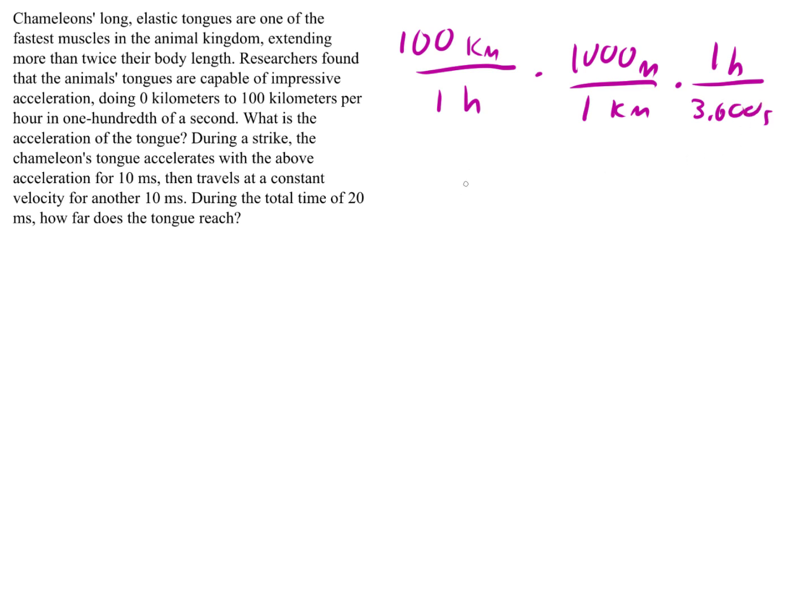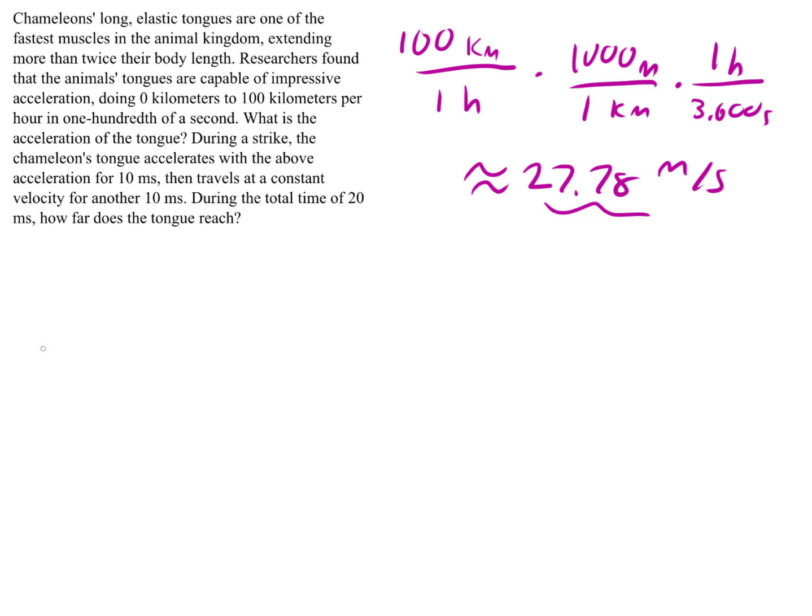And now after the conversion, if you round it, you should get that 100 kilometers per hour is about 27.78 meters per second. I'm just going to use this value since it is precise enough for now.